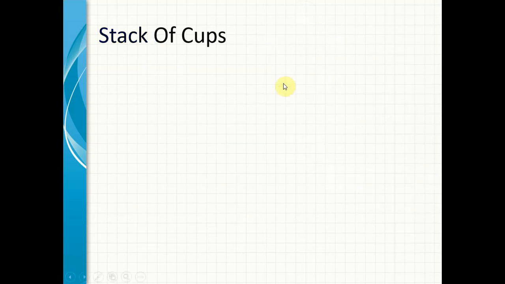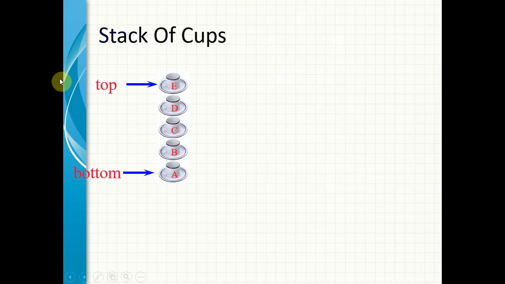So to illustrate this example, you have a stack of cups. You can see in the restaurant sometimes there will be cups put one on top of the others. So here there's a pointer pointing at the top.